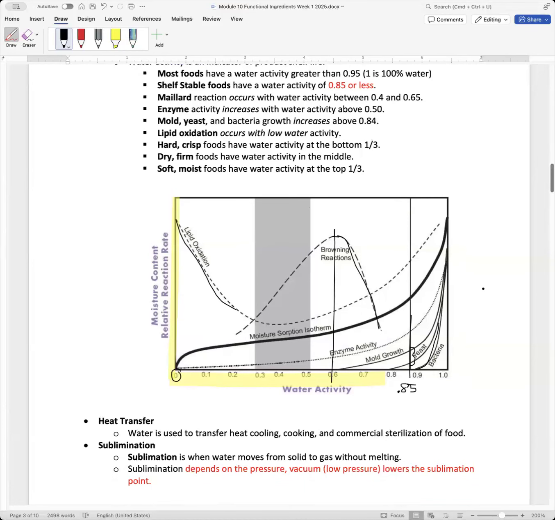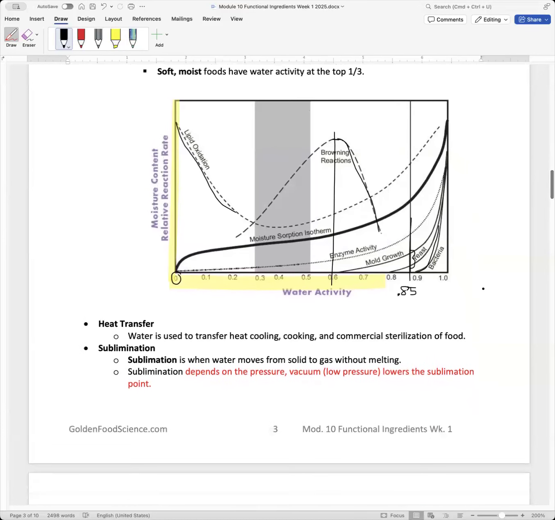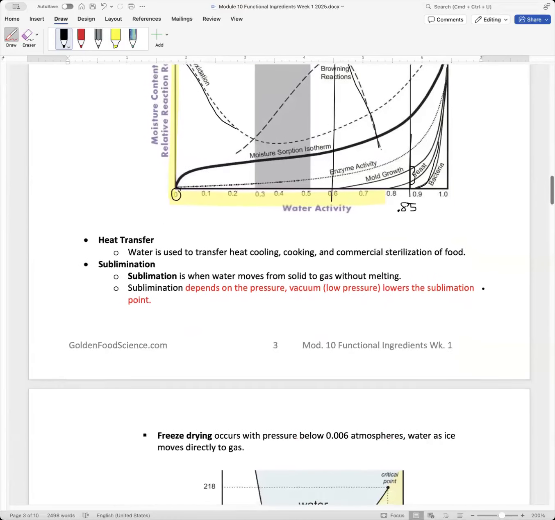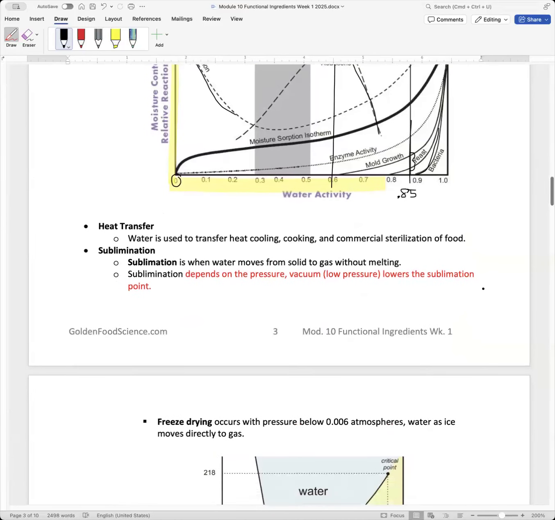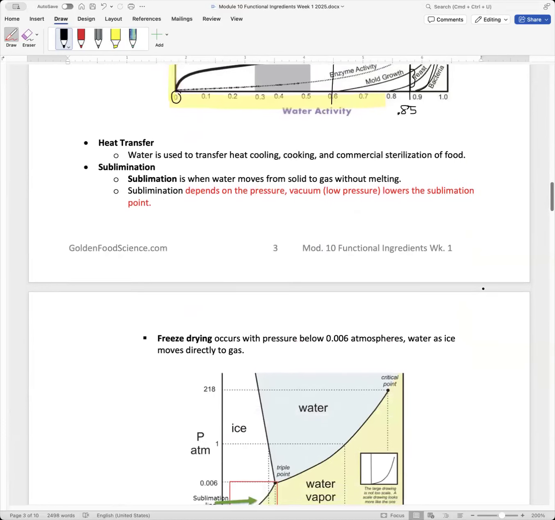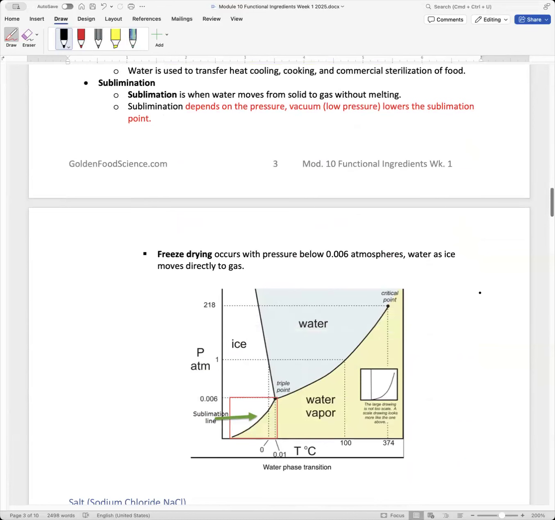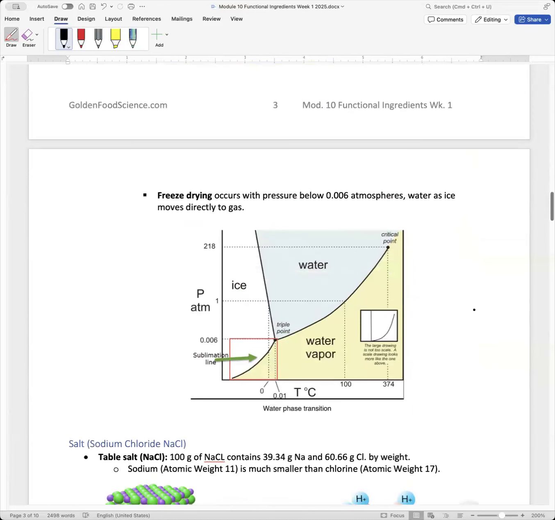Questions about water activity? Okay, so water is also used for heat transfer when we cook, boiling, steaming. Sublimation. Sublimation is freeze drying. So sublimation is the point where it goes from a solid to a gas without going through a liquid state.